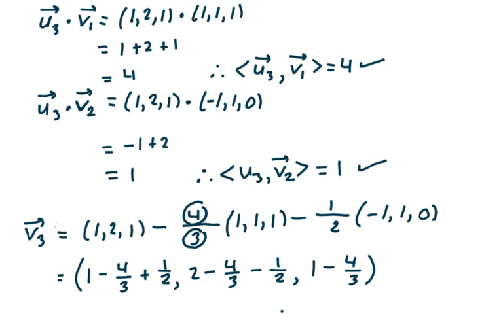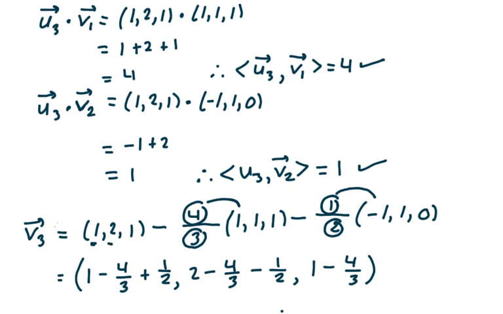So that's where I'm getting the 4/3 from. And then I'm multiplying by the vector 1, 1, 1. And I'm going to go minus. Now, the inner product of U3 and V2 is 1. That's where I get that number from. And then the norm of V2 squared is equal to 2. And then I'm multiplying by the vector negative 1, 1, 0. Now, if we simplify, I'm going to get 1 minus 4/3 plus 1/2 for the first component.